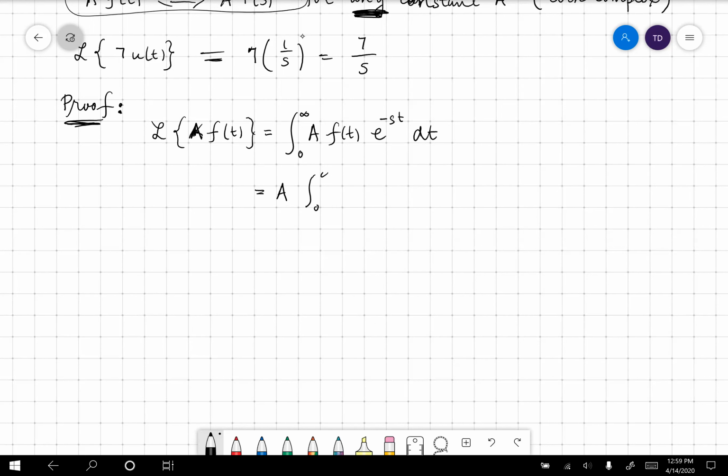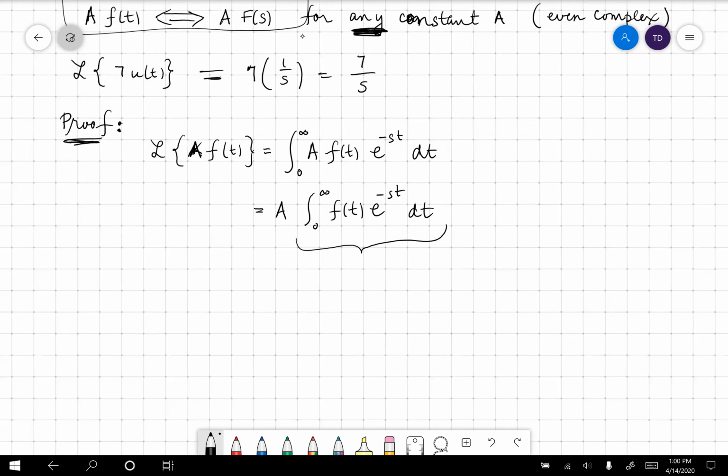Integral 0 to infinity f of t e to the minus st dt. Look at that integral. What is that integral equal to? One. Not 1. Watch this. I'm going to scroll way back.